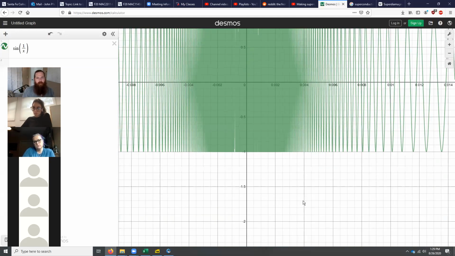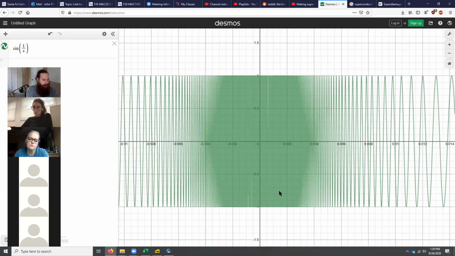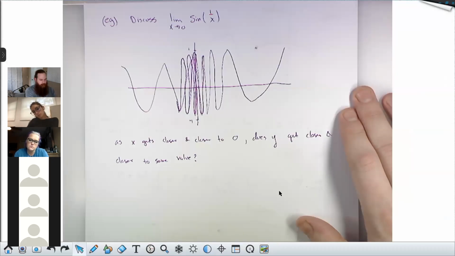So when you see these oscillations getting out of control here, this is also a case where you would say the limit does not exist.